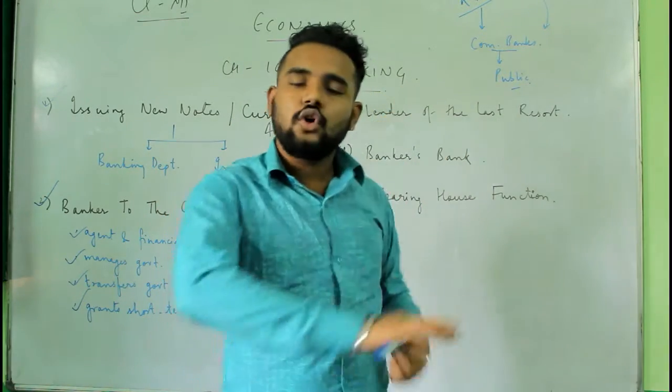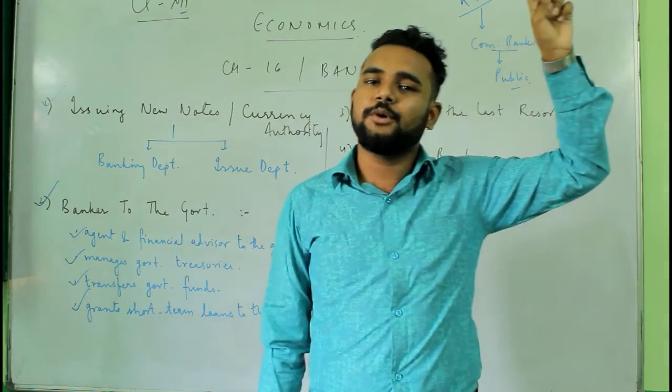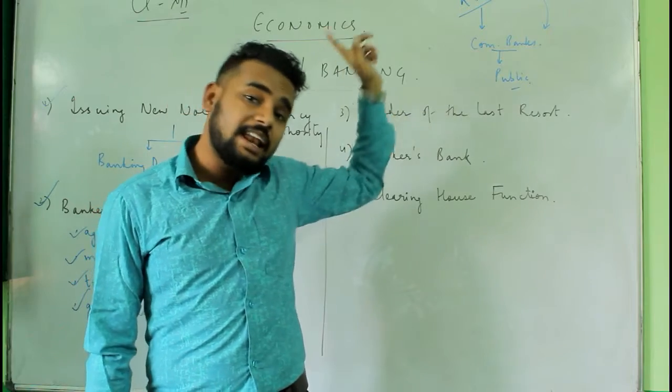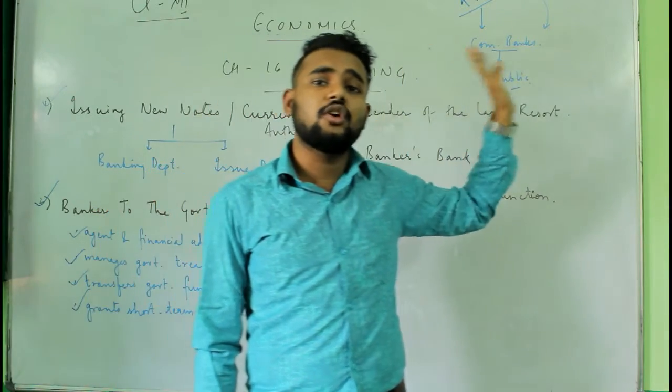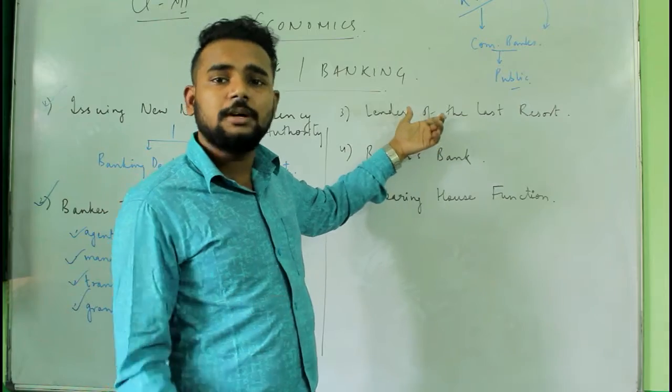Clear? So if you do not get a loan from anywhere, there is one who is always ready to help you. Who is that? He is the RBI. So that is why it is known as lender of the last resort. At the last resort, you can always go to the RBI for a loan.